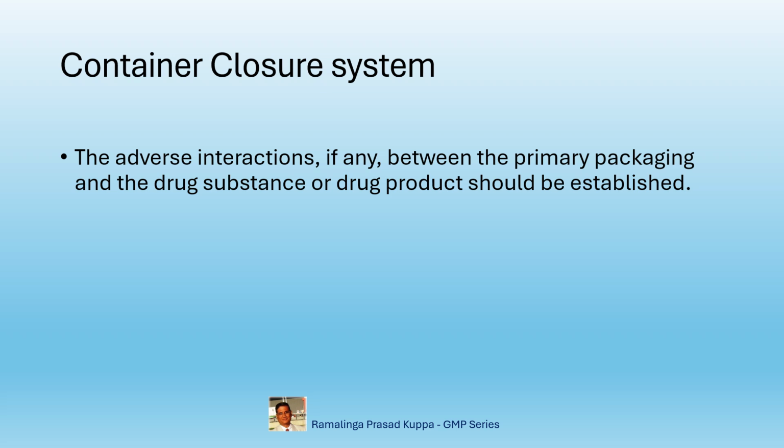Here, the requirements are elaborated, and it should be part of the stability study to establish that the primary packaging, and in some cases secondary packaging too, is suitable for the drug substance or drug product.